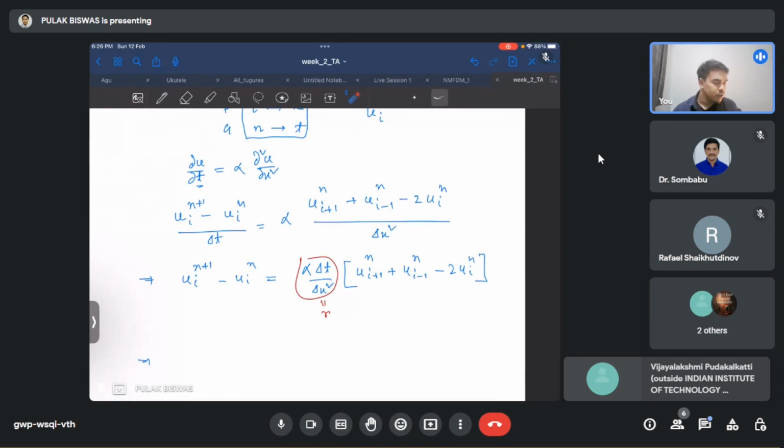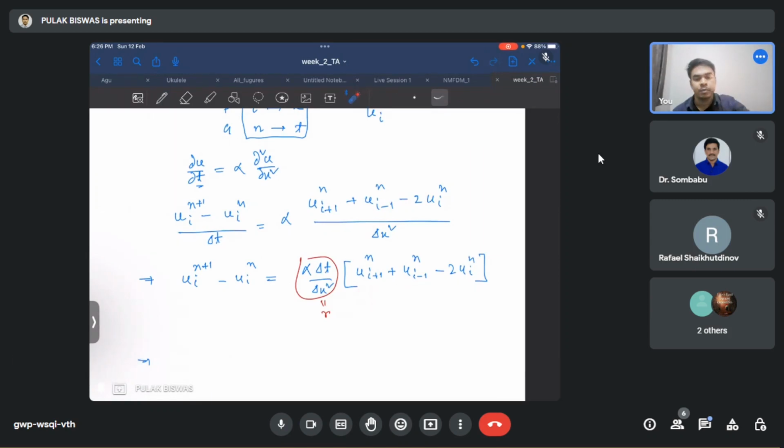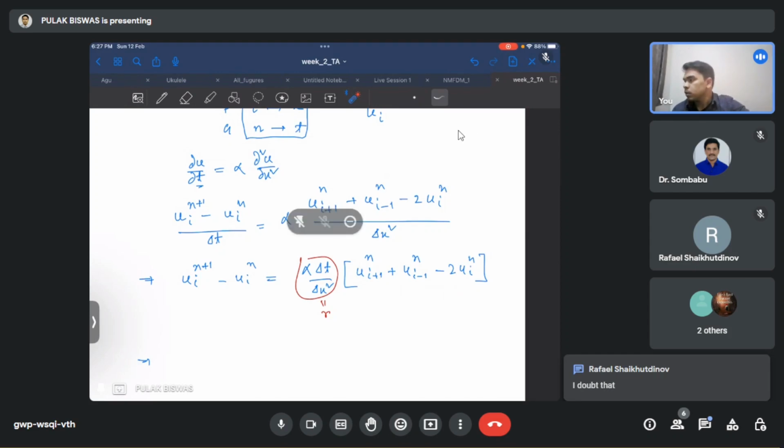So is this one correct or not? Tell me. This spatial one, whether I should put i plus one or i minus one.